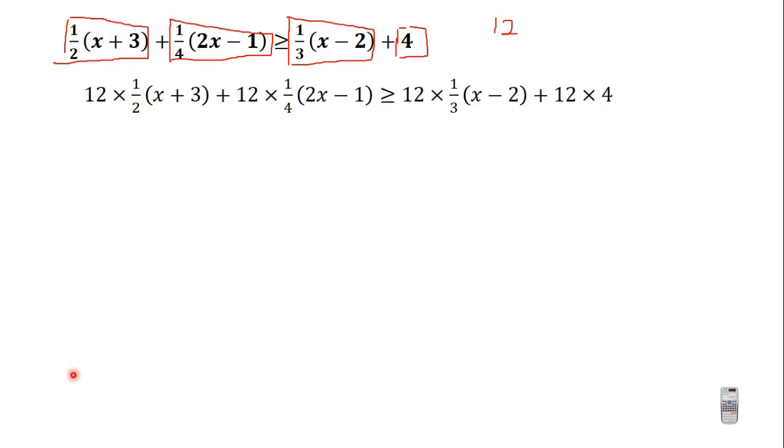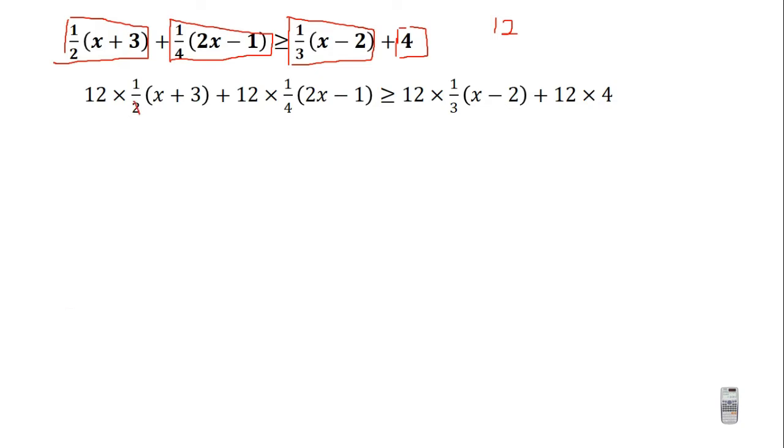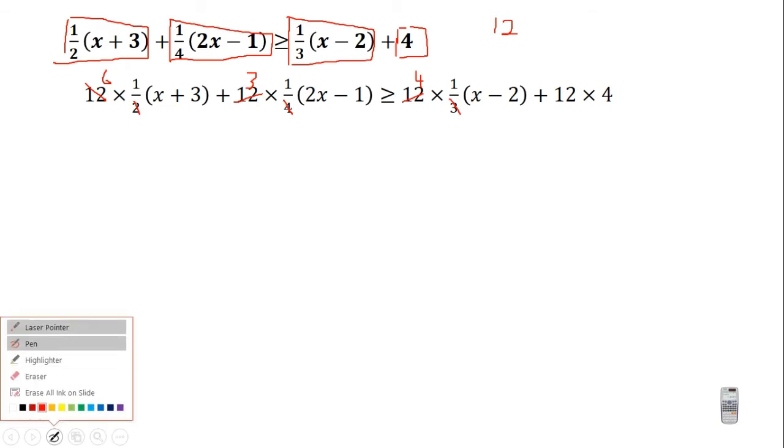Here we do our cancellation, which means that 2 will cancel 12 6 times. Now 4 will cancel 12 3 times. Then 3 will cancel 12 4 times. So the fractions are all cancelled out. Now we move on with our simplification.